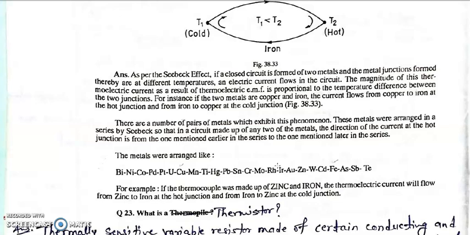I think in very short I have tried to explain the Seebeck effect, which is responsible for the generation of electricity due to temperature change. In a thermocouple, couple means two wires connected together at two ends. The two ends are known as junctions. Now we move to the next measuring instrument, that is the thermistor.